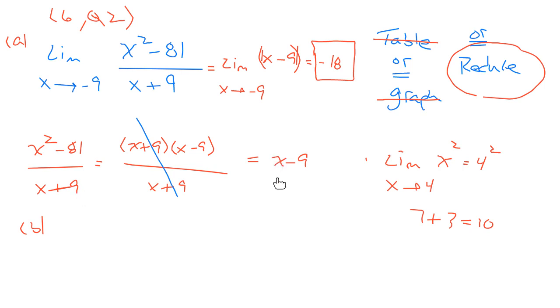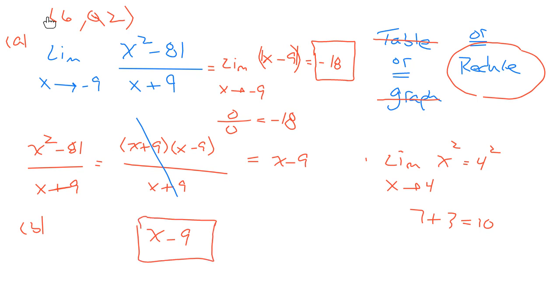But say you put negative 9 over here, what do you get? Negative 18. Are they equal? Is 0 over 0 equal to negative 18? Definitely not. All right. So whenever I reduce this, it's not really equal to this thing. It's equal to it everywhere but at negative 9. Okay. So in part B, it's saying there's a little bit of fine print up there.